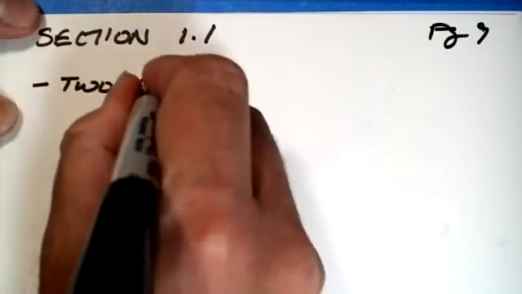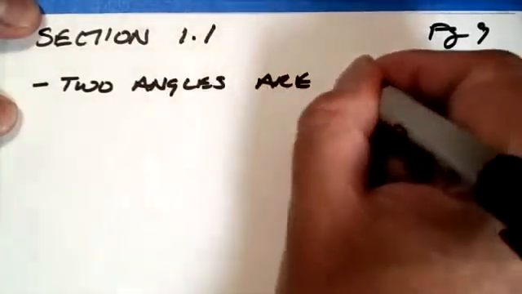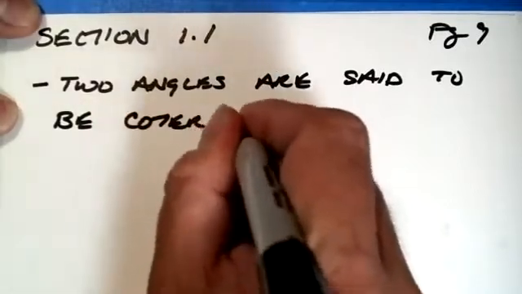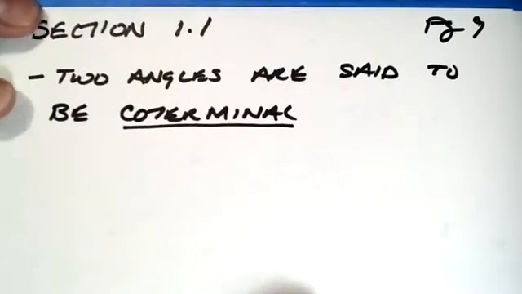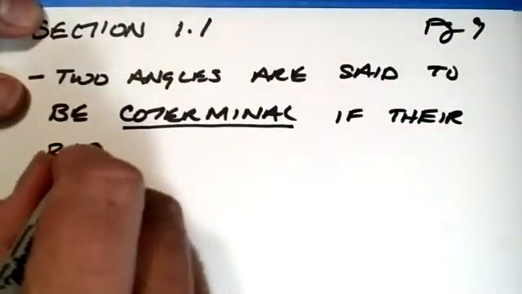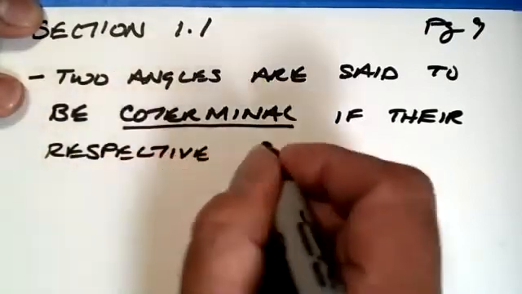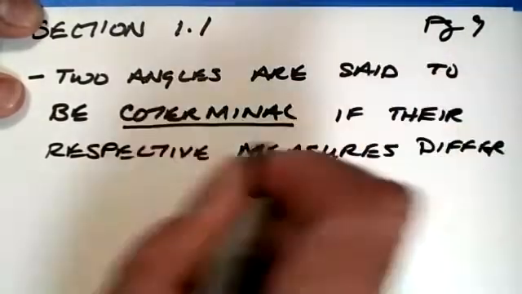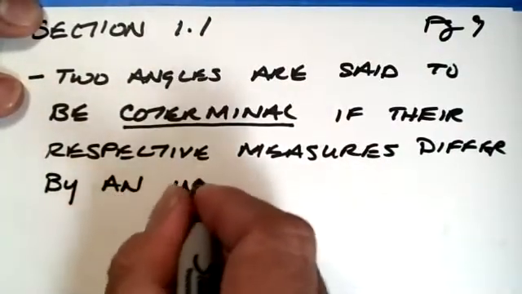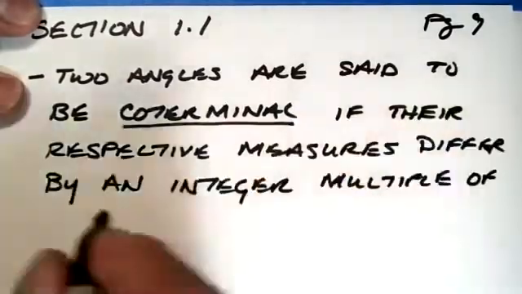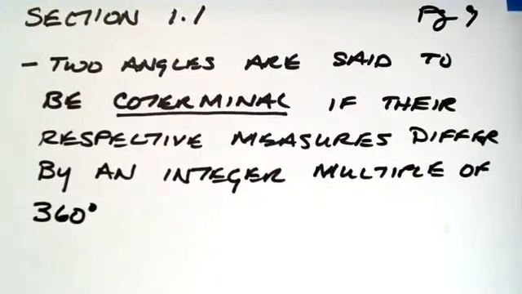Okay, so a couple more definitions. Two angles are said to be coterminal if their respective measures differ by an integer multiple of 360 degrees, or a complete revolution, is basically what's going on here.